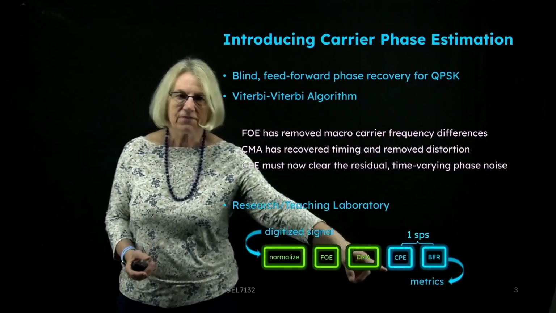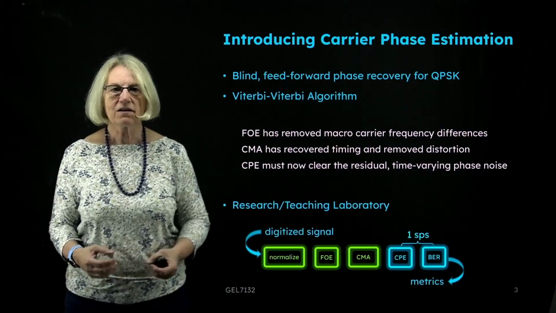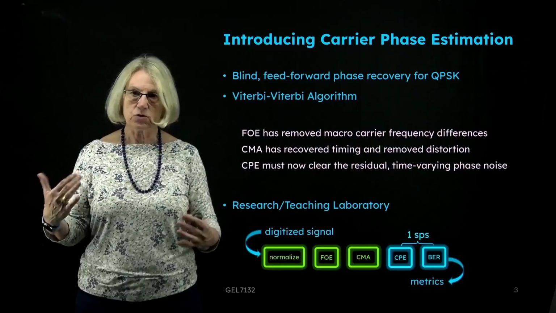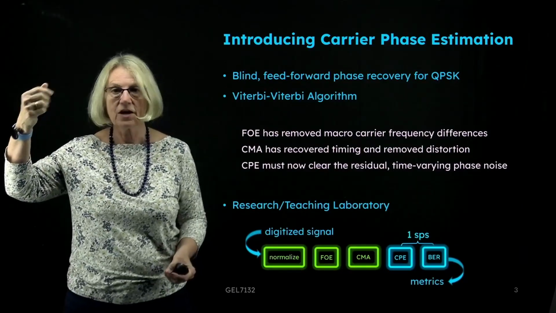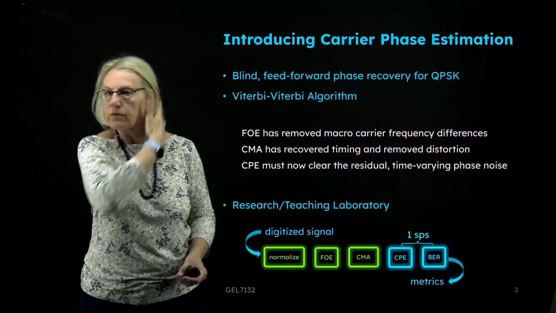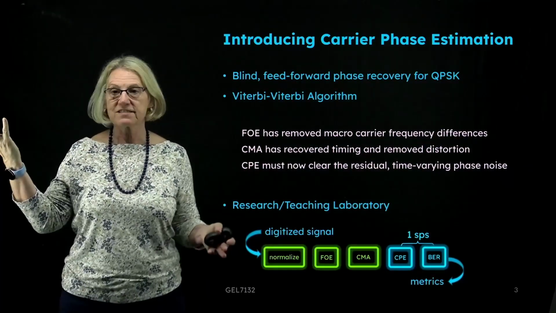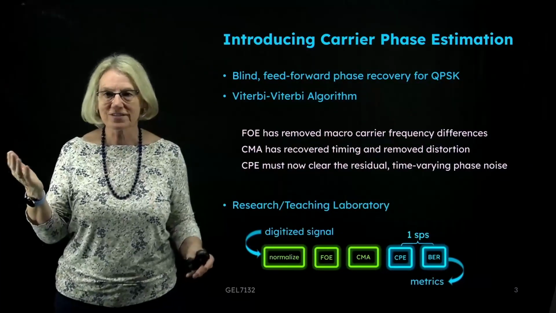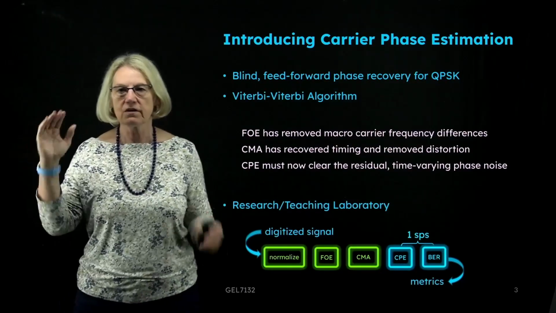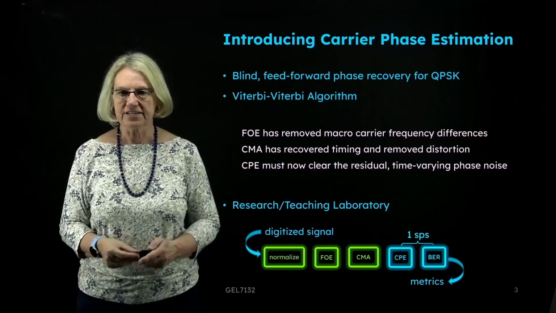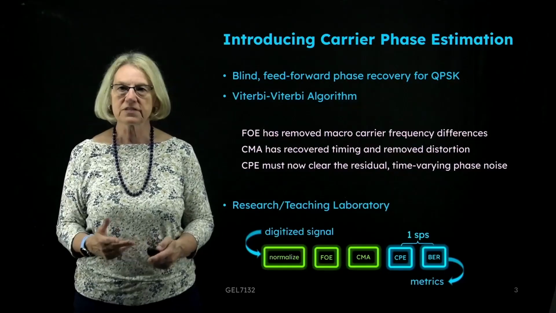Now the carrier phase estimation must take care of the residual time-varying phase noise, and this again comes from both transmit and receive laser. Previously I've talked about the line width, and you may ask the line width of which of these two lasers, and it's the sum of the line widths of both lasers. So it's the cumulative line width from both the transmit and the receive laser. And that's what we're dealing with in the CPE.